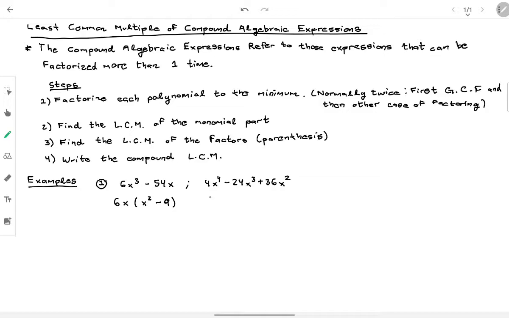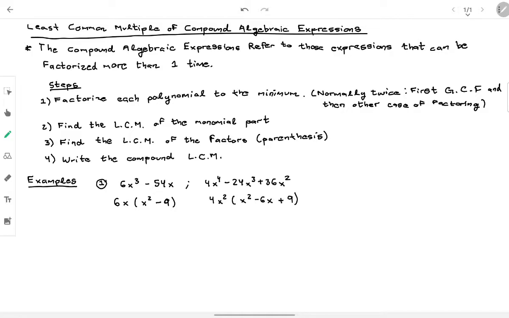The other one, I can take out the 4x squared because all of them are divisible by 4 and the highest common power is x squared. So it's going to be x squared minus 6x plus 9.